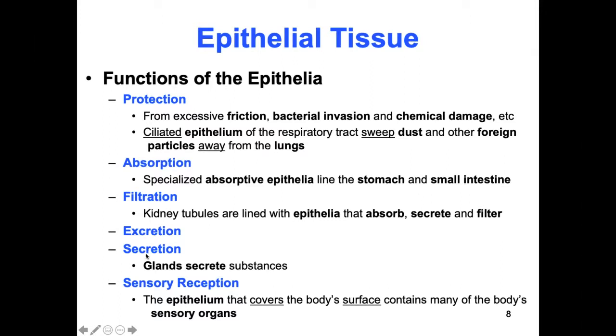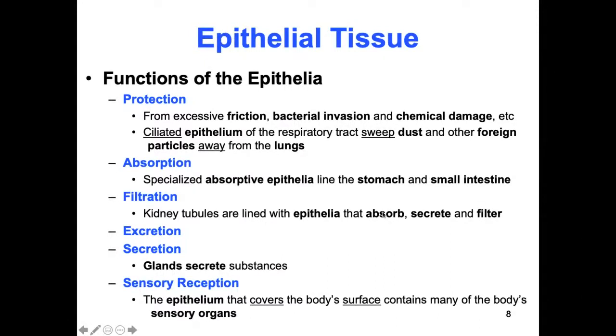Filtration, excretion, and secretion. These kind of go together. When I think of filtration, excretion, and secretion, I'm really thinking of the kidneys, because the kidneys are filtering, they are excreting things, and they can be secreting things as well. The nephron is the functional unit of the kidney, and each kidney has about 1 million of these nephrons.